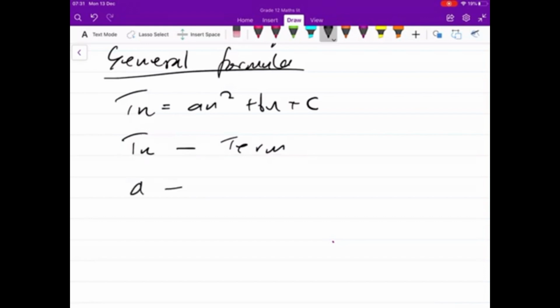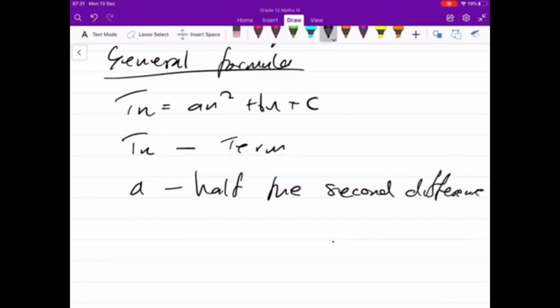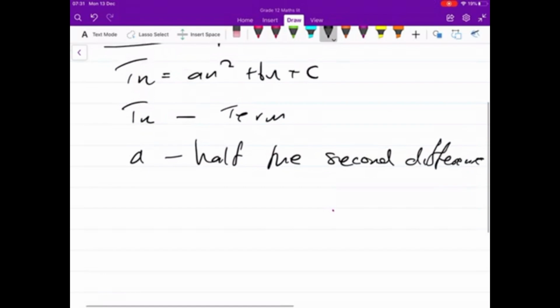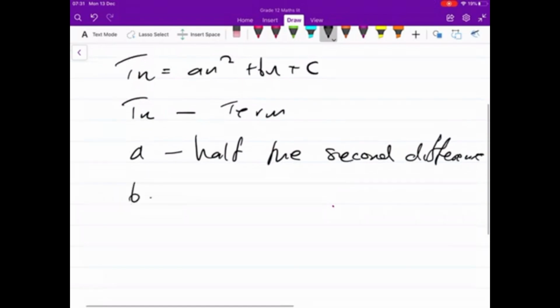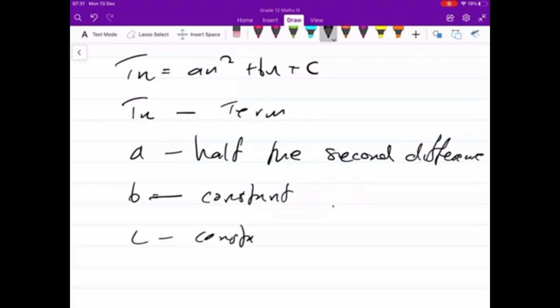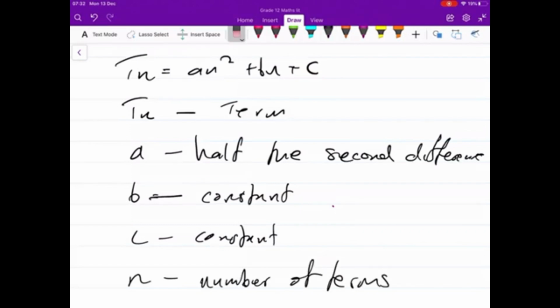Sorry about that. A is half the second difference, and that will make sense a bit later on. B is actually a constant, and of course C is also a constant, and n tells us about the number of terms in a given sequence. Okay, so that is that.